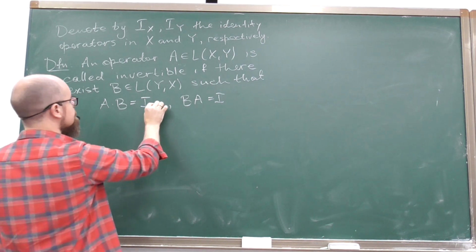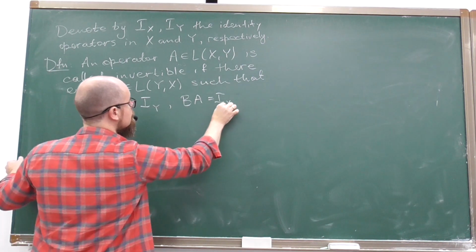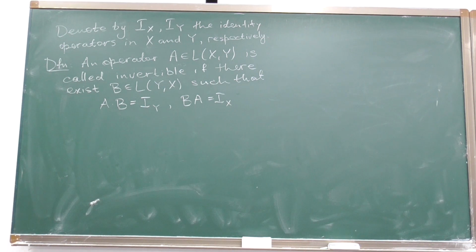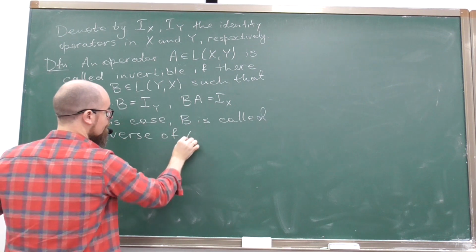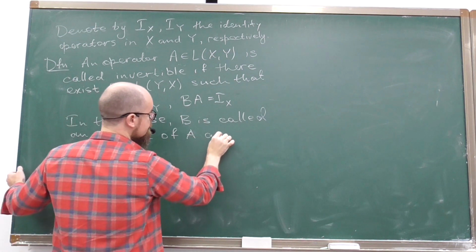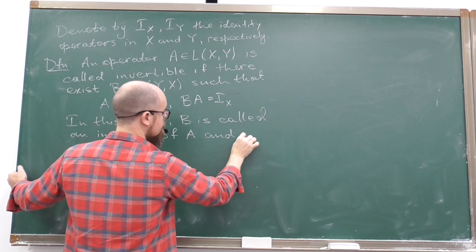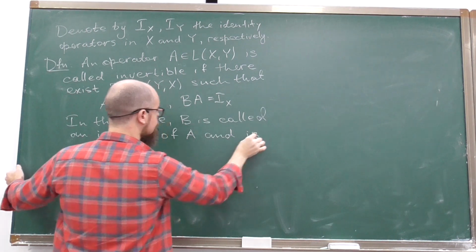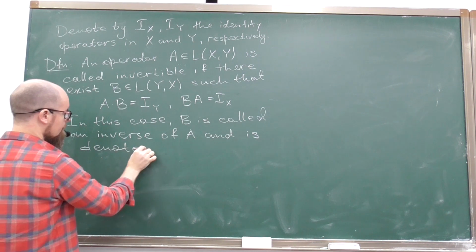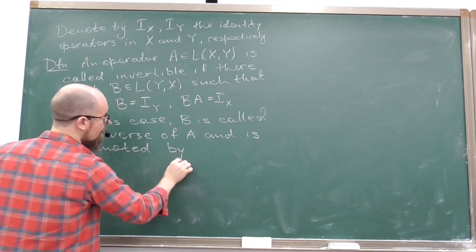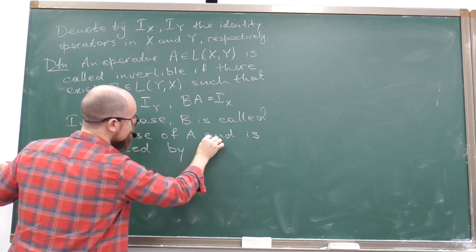And this one is identity in Y and this one is identity in X. In this case, the operator B is called the inverse of A. And we denote it A inverse.